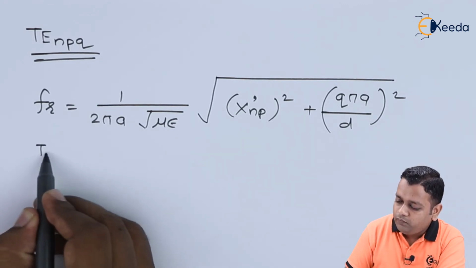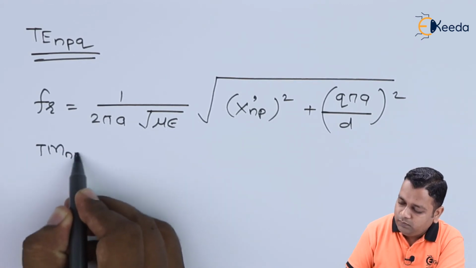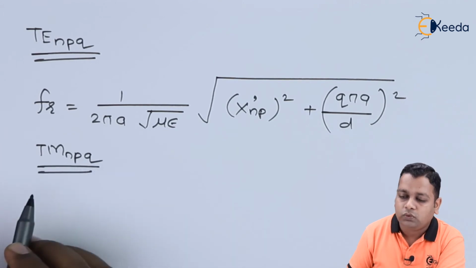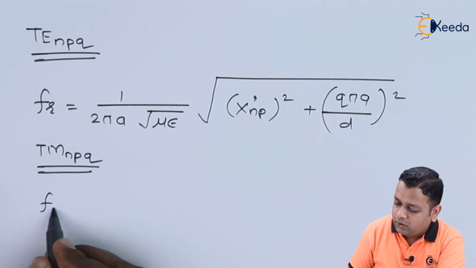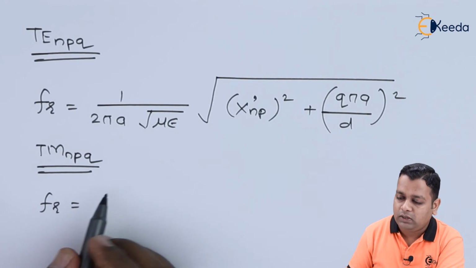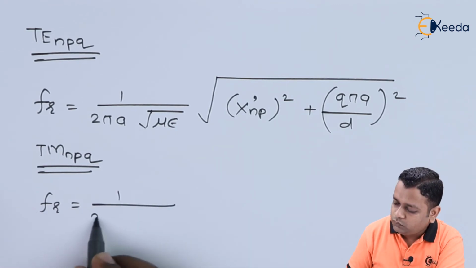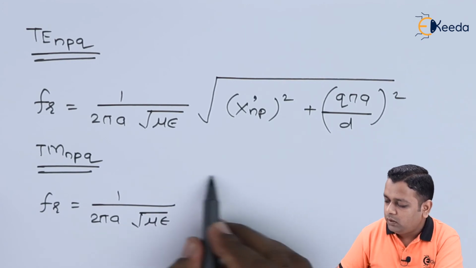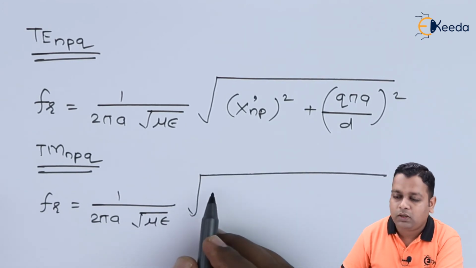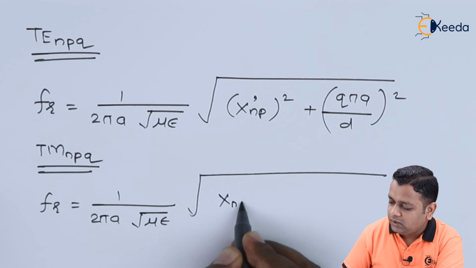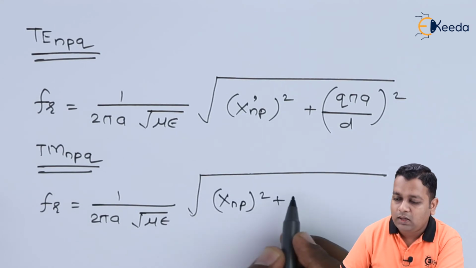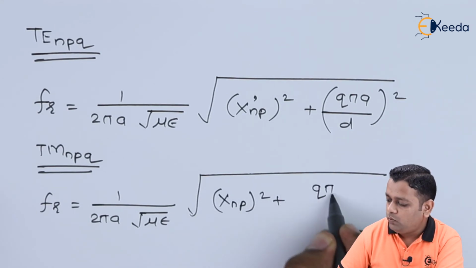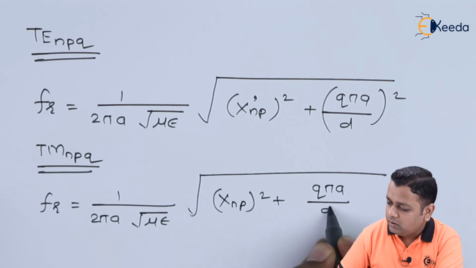Whereas when we have the TM suffix npq mode, the corresponding resonant frequency fr is given as 1 upon 2 pi a square root of mu epsilon in multiplication to the square root of X suffix np, which is squared, and added with q pi a divided by small d.